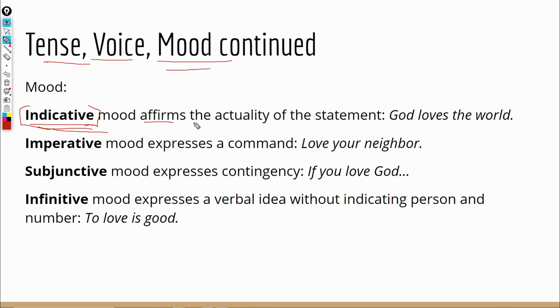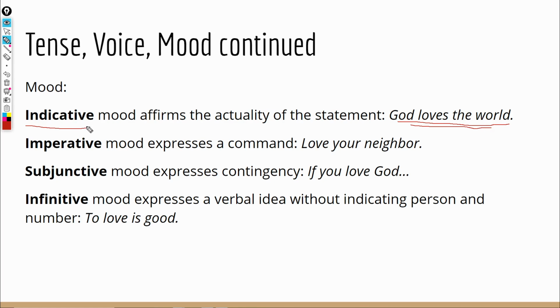And so the definition here affirms the actuality of the statement. So if you were to say God loves the world, you are making a statement about reality. This is something that is actually happening in reality. It's not a possibility, it's not something to come, but rather this is something that is actively happening.